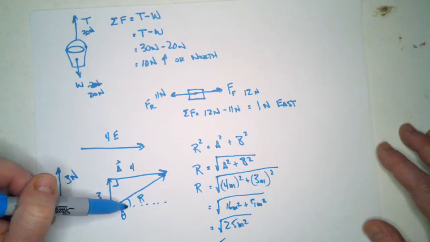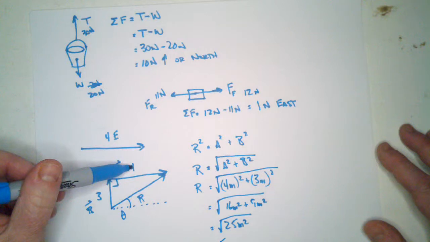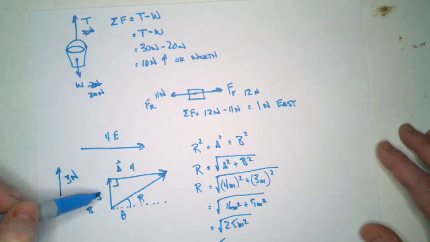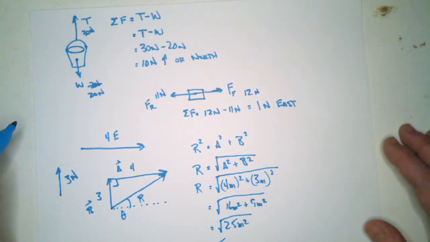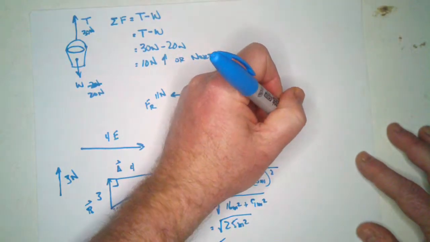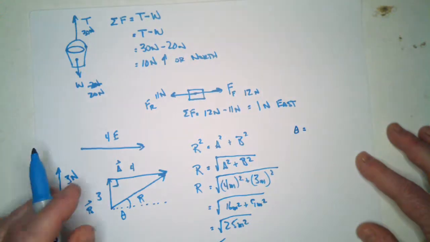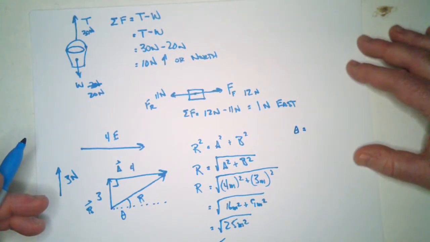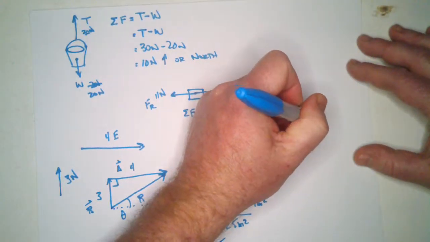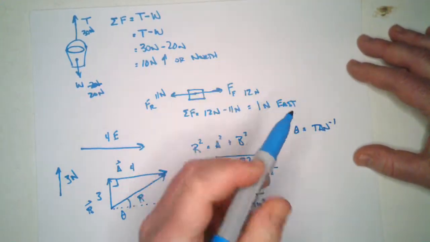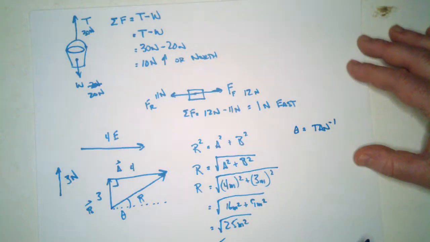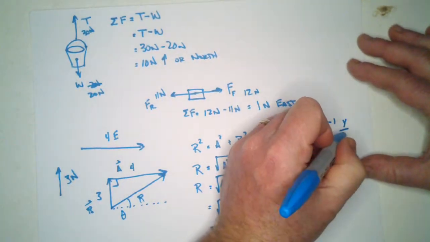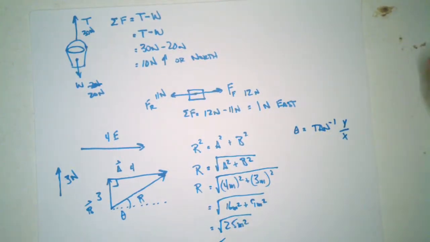This angle depends on the relationship between the length of this side and the length of that side. And the relationship of these sides is what we call the tangent. So follow this formula for now, we'll elaborate more on it later, but angle theta equals the inverse tangent, so that's tangent with a -1 there, of the one that's in the y direction divided by the one that's in the x direction.